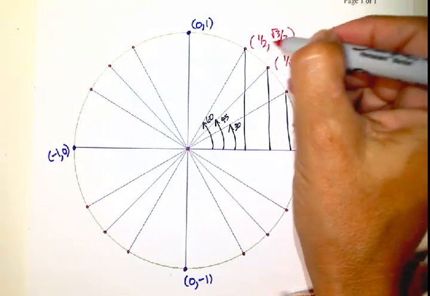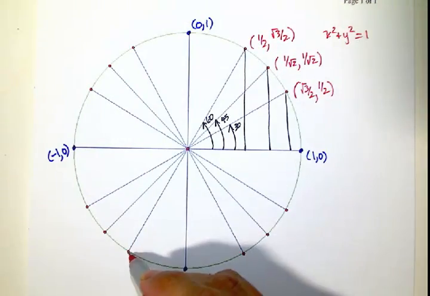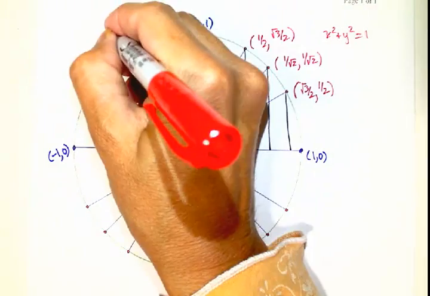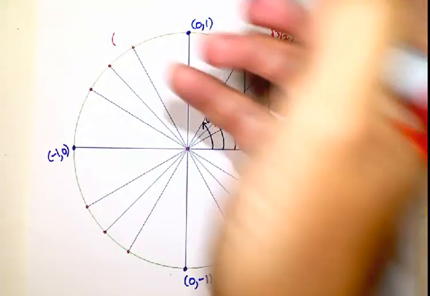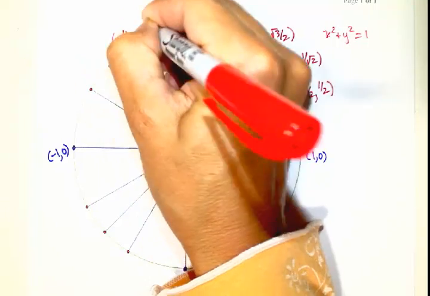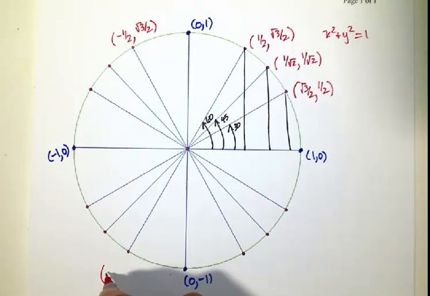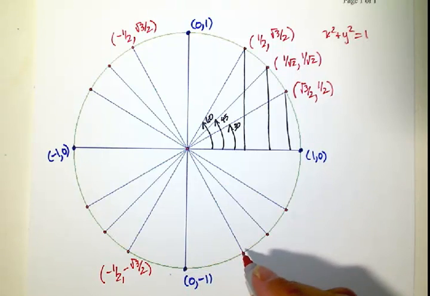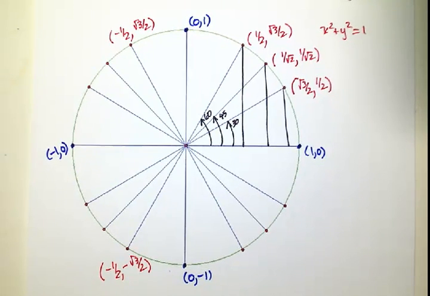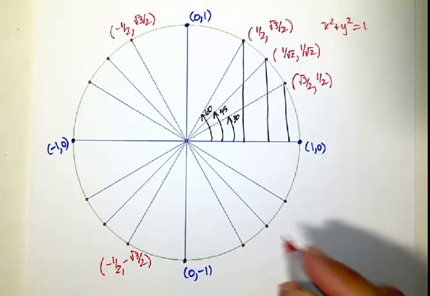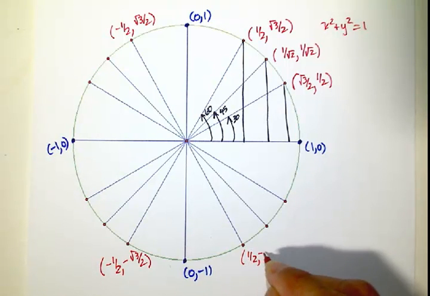So we know that this point corresponds to this one, and this one. And if we rewrite them, it's just different by my x sign, so it's negative 1/2, positive square root of 3 over 2. This point right here is negative 1/2, negative square root of 3 over 2. This one right here, make sure we get it all on our screen, is positive 1/2, negative square root of 3 over 2.